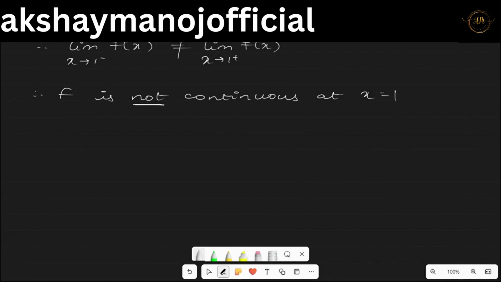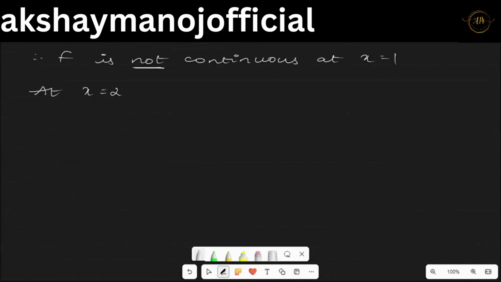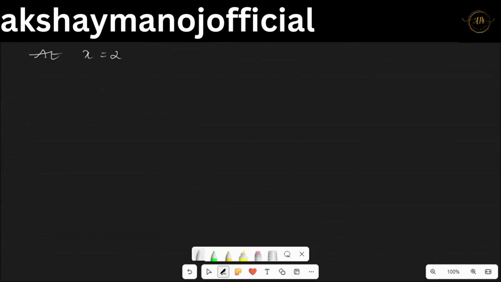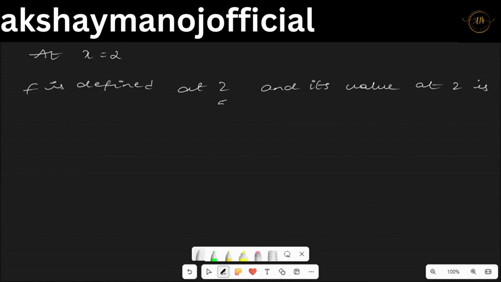We will check one more condition, at x equal to 2. They have asked this in the question, so only I am checking. Okay. F is defined at 2 and its value at 2 is 5.